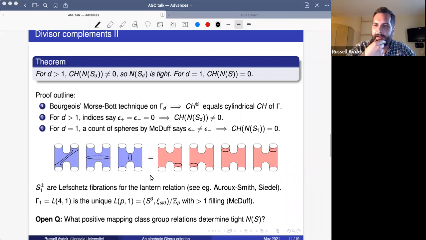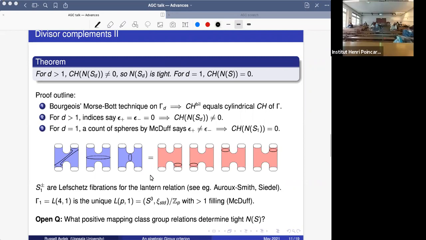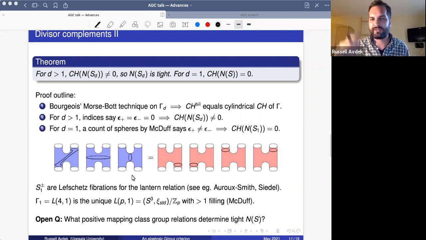But in terms of the holomorphic curve theory, I'm not quite sure. I would conjecture that they're all algebraically tight. Okay. Any more questions, or shall I move on to the technical stuff?